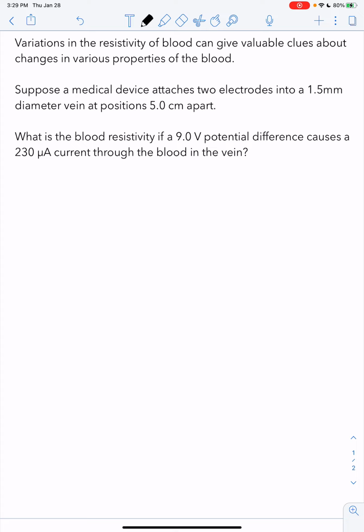Well, to do this, we're going to start by assuming Ohm's law applies, which is to say that the current through will be proportional to the potential difference and inversely proportional to the resistance.